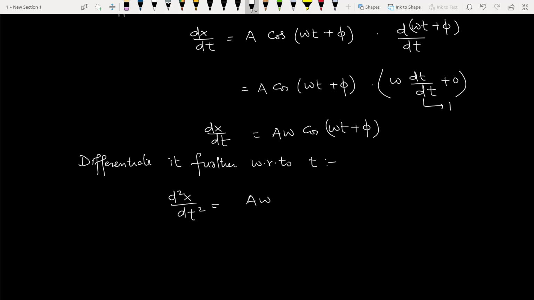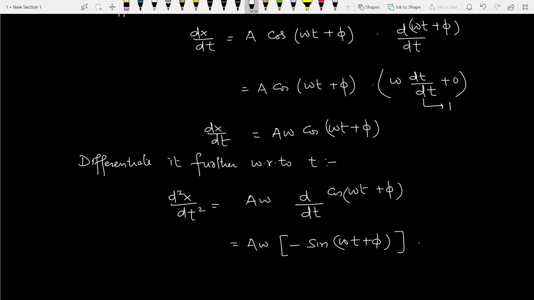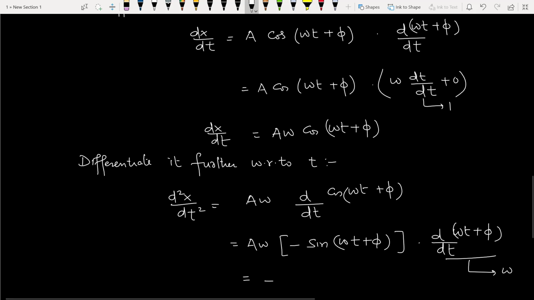So A omega is constant, then derivative of cos(omega t plus phi): derivative of cos is minus sin(omega t plus phi) into derivative of angle. And as we did earlier, derivative of angle is omega. So it is A omega square, minus comes forward, sin(omega t plus phi).